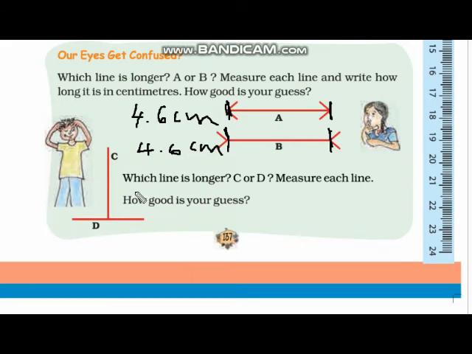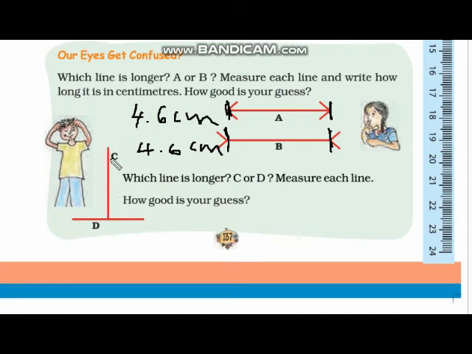Then here, which line is longer, C or D? Here line C is given and here line D is given. Measure each line, measure this line and then measure this line. How good is your guess? Line C seems to be longer than line D. If you observe here, this line seems smaller and this line seems longer.